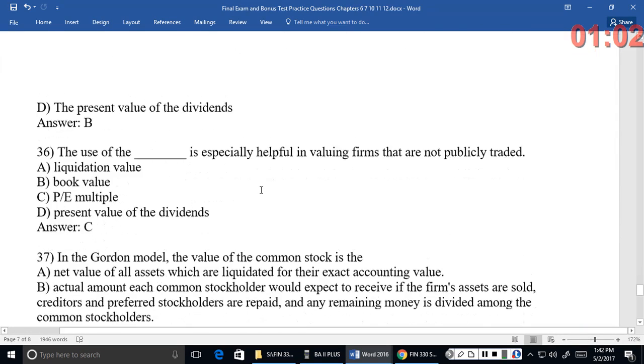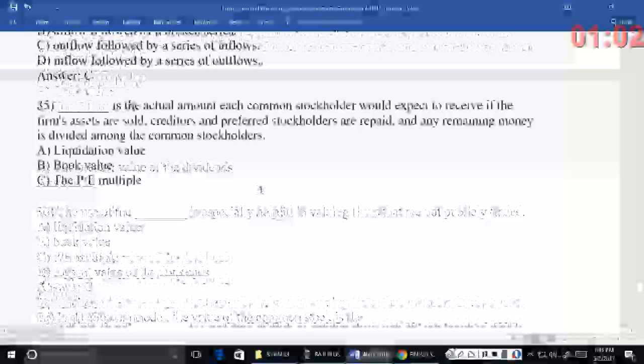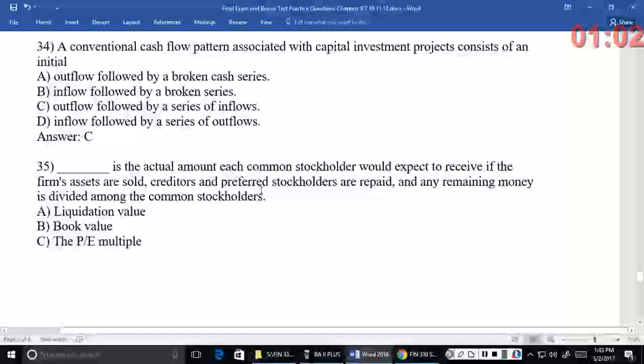Now, the key here, and somebody had asked about this because they looked at it in the book, I think, they said, what's the difference between book value and liquidation value? Well, the difference here is going to be right here where it says that if the firm's assets are sold, for book value, the assets are sold for their book value.